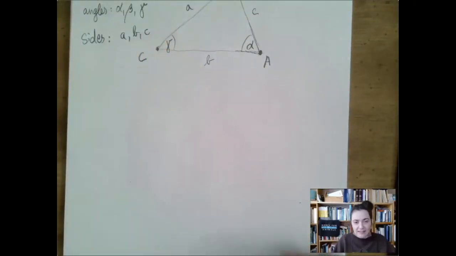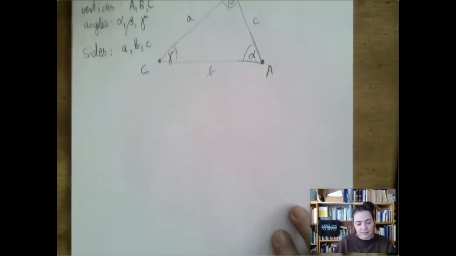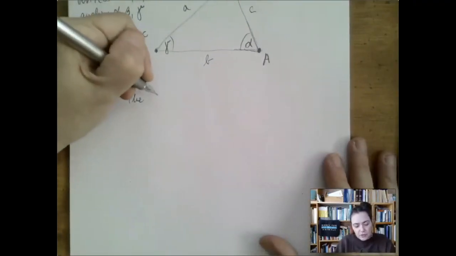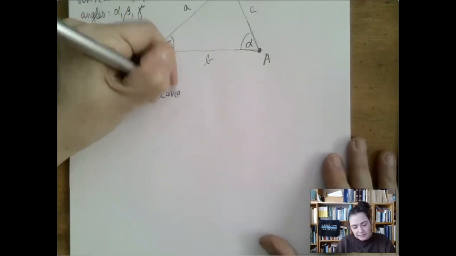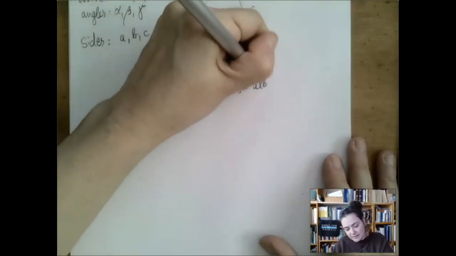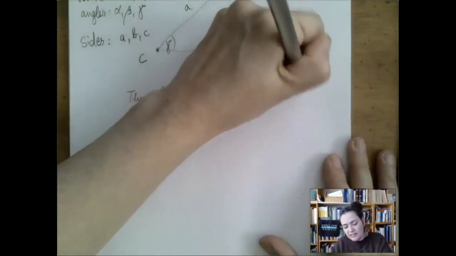So in fact, the standard labeling is really, really smart. The following is true: the longest side is always opposite the greatest angle.